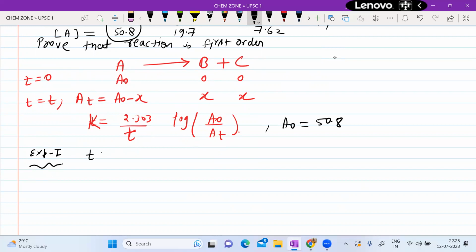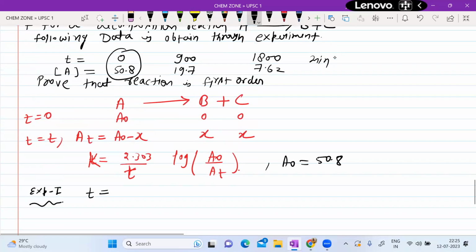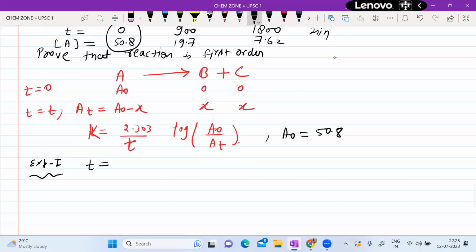Now from experiment 1, that is after 900 minutes, the concentration of A remaining will be 19.7. So we can calculate, put the value of t here.